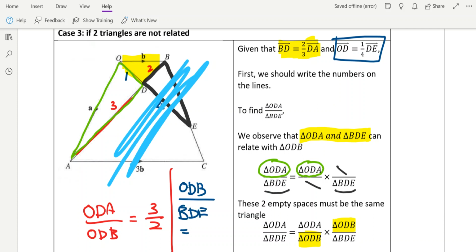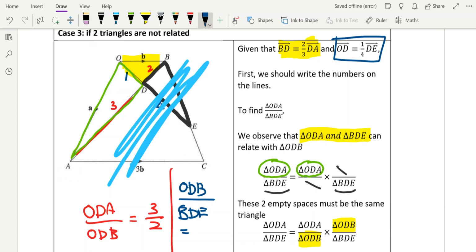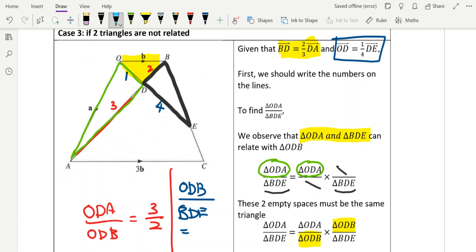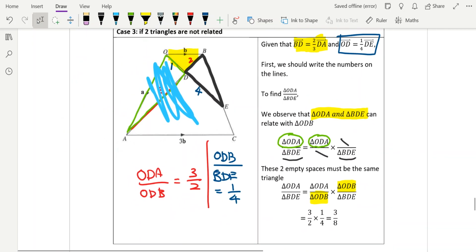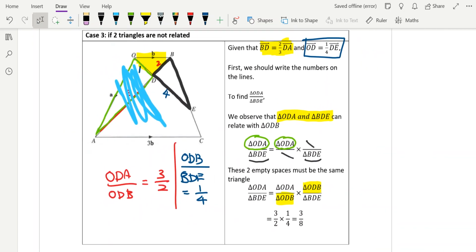Now we erase the part that is blocked and use our hand to block the other side. You can see it's 1/4 because we use case 2. Can you see the ratio of their sides? Very obvious. I just write it down there, multiply together, and I get 3/8. And this is how you learn all the vectors concept within half an hour.